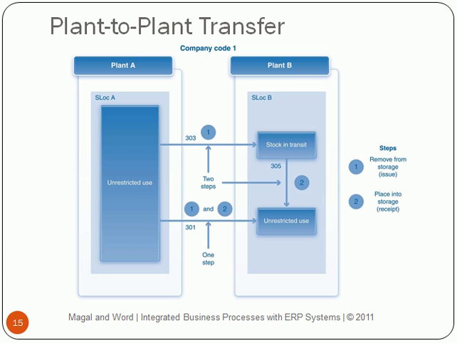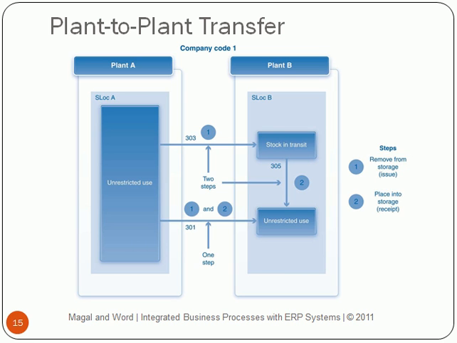Because, as we said, materials are always valued at the plant level. So when you're moving from one plant to the other, the valuation may be different. You can either do it in one step, so I'm moving unrestricted use from plant A to plant B, and in one material document I am identifying the sender and the receiver.